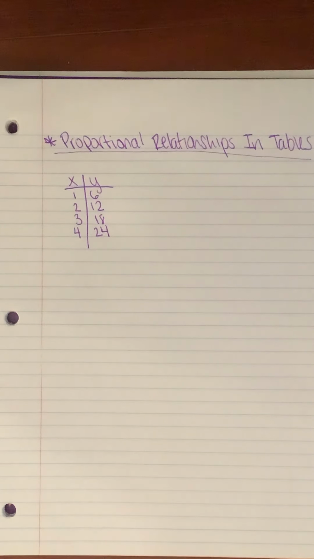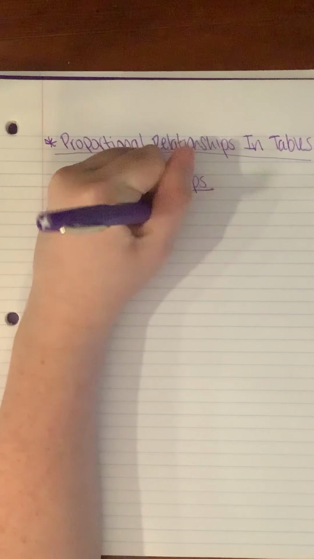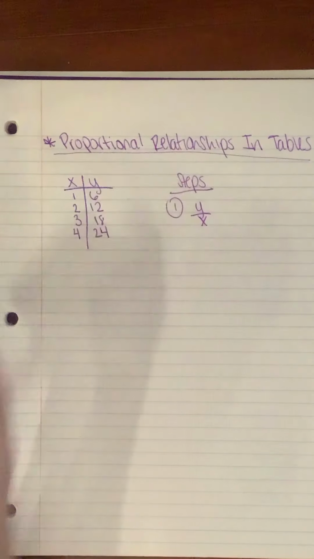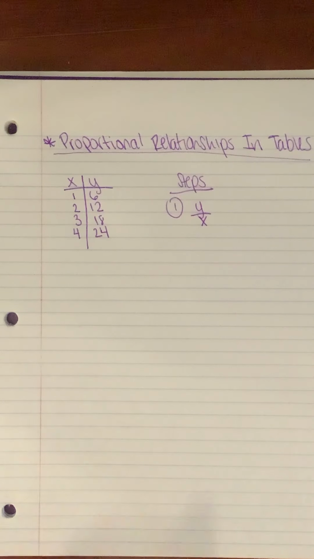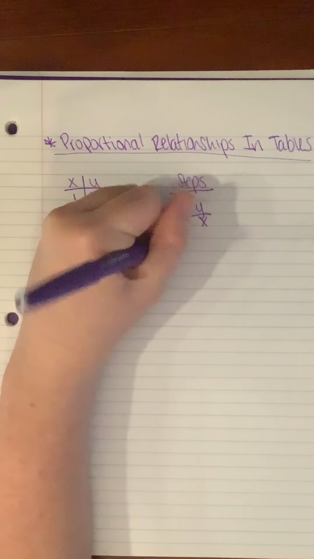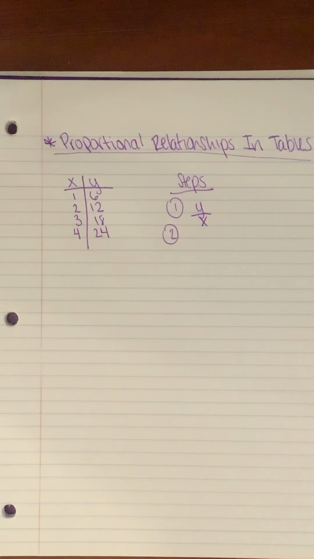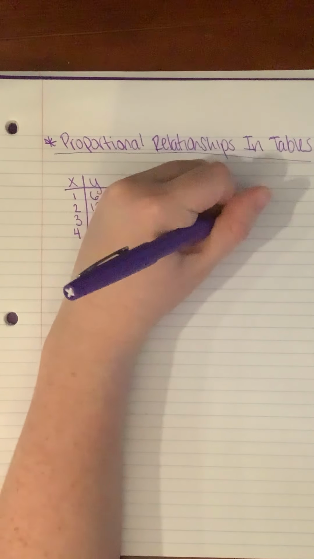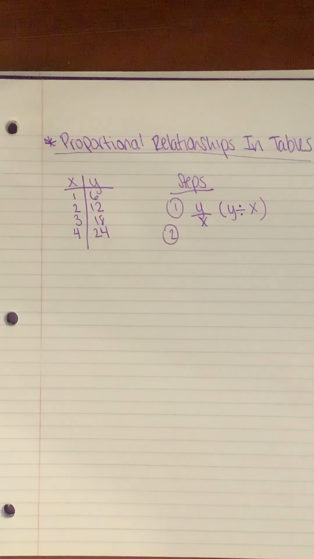Hopefully, as you're thinking about it, we did steps. We always did y divided by x. And we checked the table each time to see if when we did y divided by x, we got the same number each time.